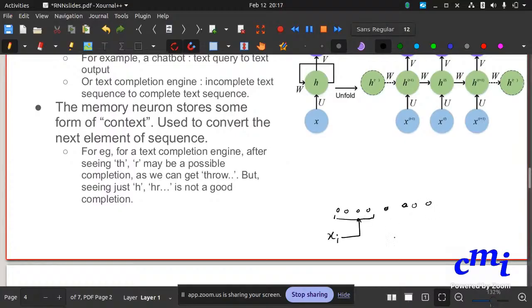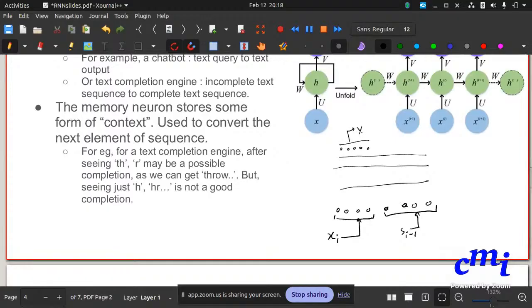It's going to take in the previous values of the state, whatever the state is, and that goes to these neurons. And then this is going to be a whole neural network with as many layers as you want. Finally the output is going to be some output yi, the output element of the output sequence. But I'm also going to say what the next value of my state is, so this is going to give me si as well. So this is essentially what we want, right?